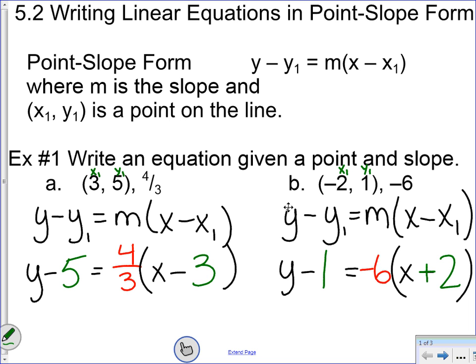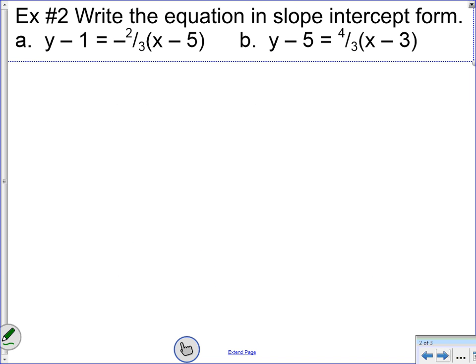Now let's look at what we do after we plug it in. In example 2, we're going to change the answer into slope-intercept form. So once again, if you notice, it's already been plugged in. So now I need to get it into y equals mx plus b form.